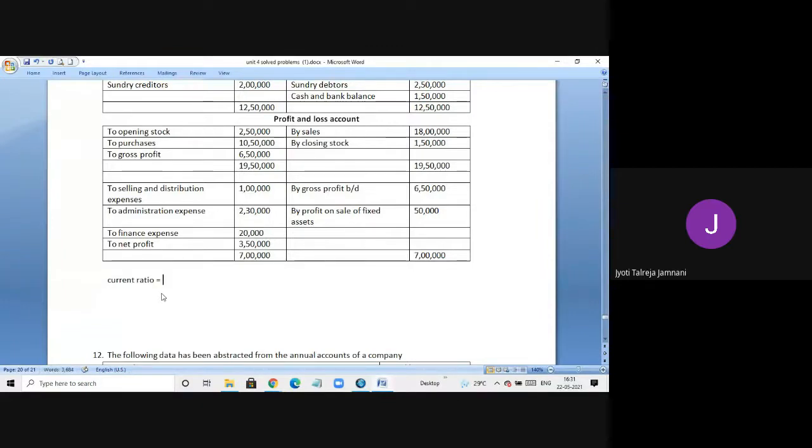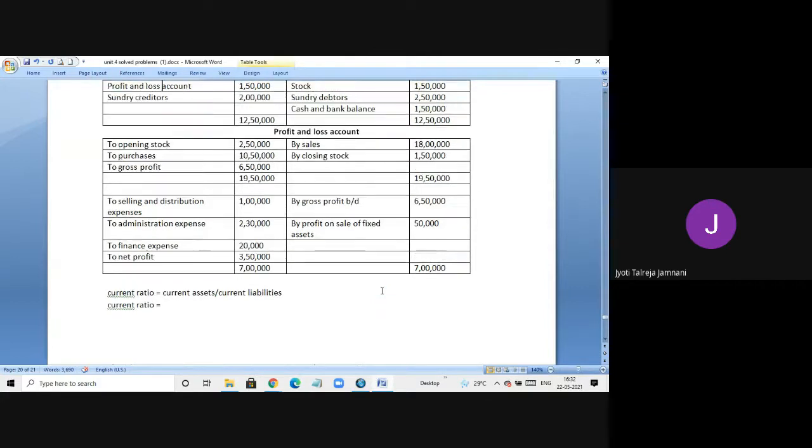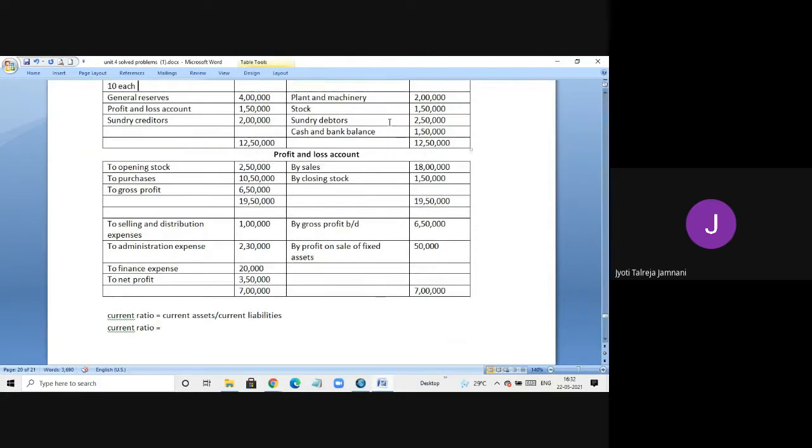Current ratio is equal to current assets divided by current liability. Current ratio is equal to, let's see the current assets in the balance sheet. We have stock, debtors, cash and bank balance.